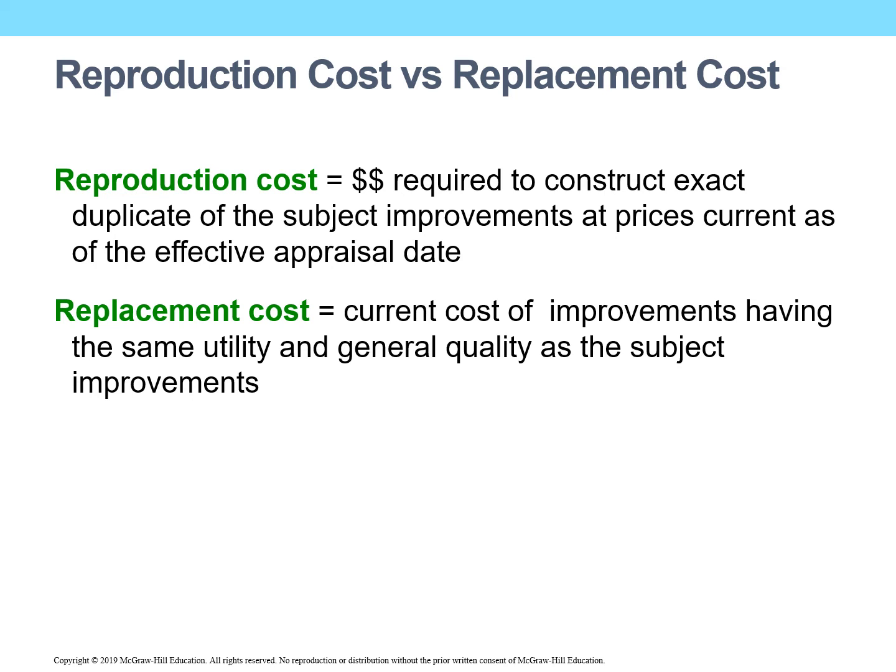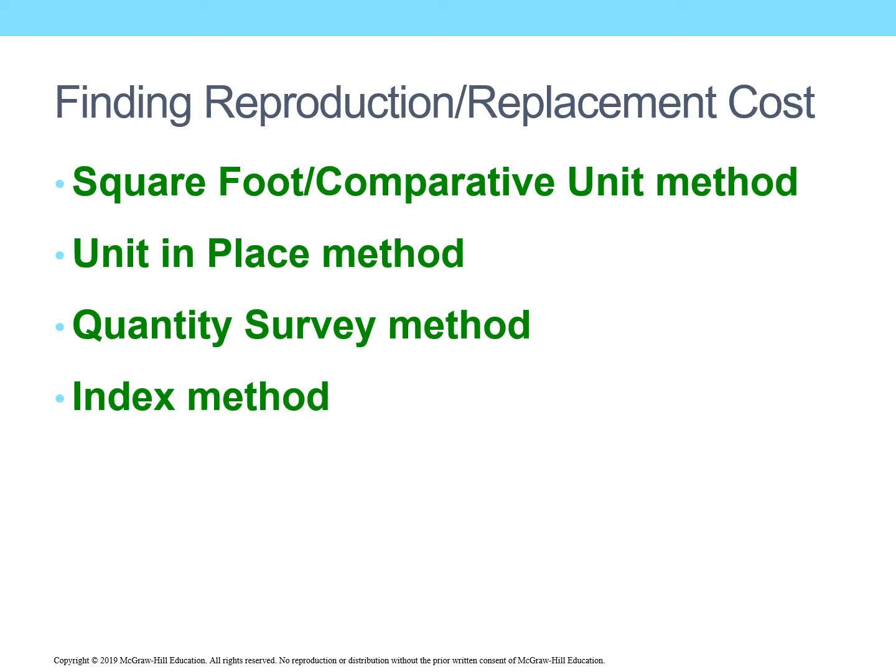How are we going to estimate either reproduction or replacement costs? Well, our same four methods are applicable here: square foot comparative unit method, unit in place method, quantity survey method, and index method. We're going to focus on the first two because we do have some background information on quantity survey and index method.